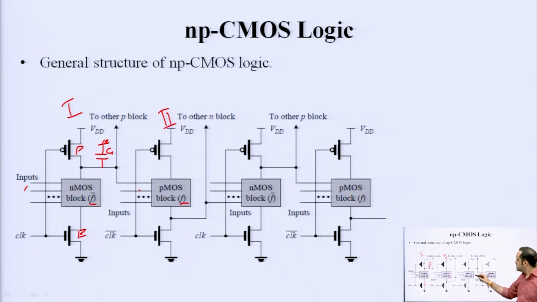The output of this stage goes to one of the input of the PMOS block and all other inputs are applied. The only difference is how it uses the complementary nature of P and N block: this stage 1, which is known as N block or N tree, is working when clock is high. And this is working when clock is low.